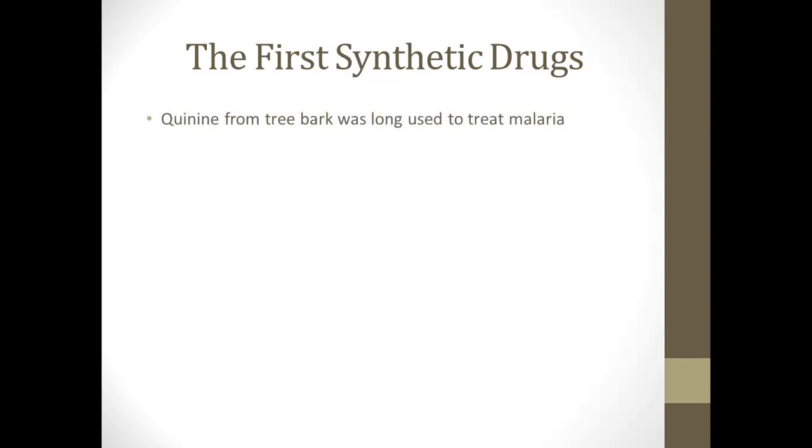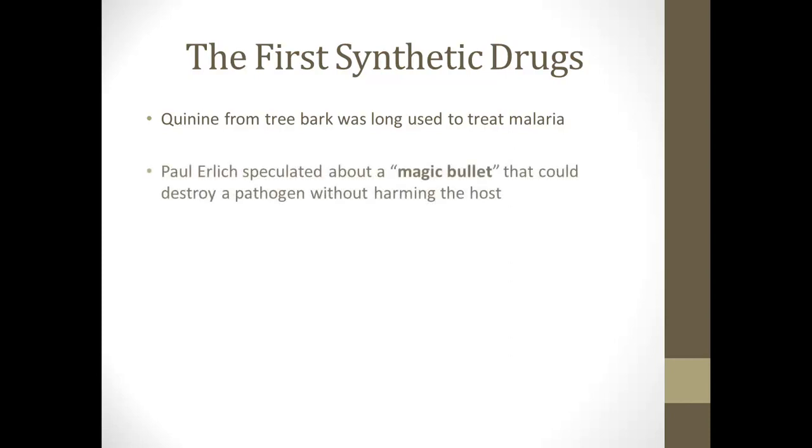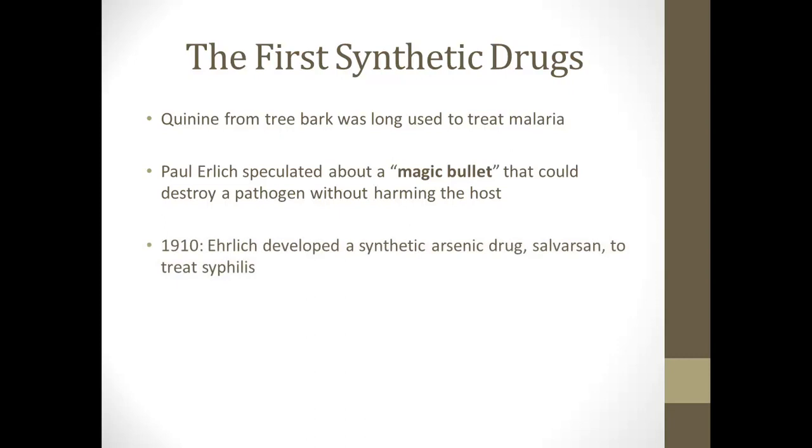Quinine from tree bark was long used to treat malaria. Paul Ehrlich speculated about a magic bullet that would destroy a pathogen without harming the host. So in 1910, Ehrlich developed a synthetic arsenic drug called salvarsan to treat syphilis. In the 1930s, sulfonamides, also called sulfa drugs, were synthesized.